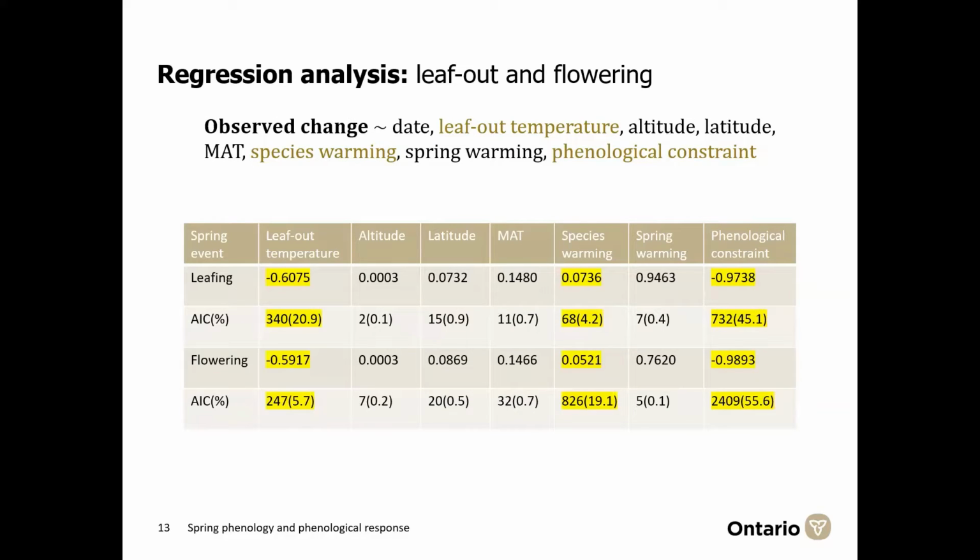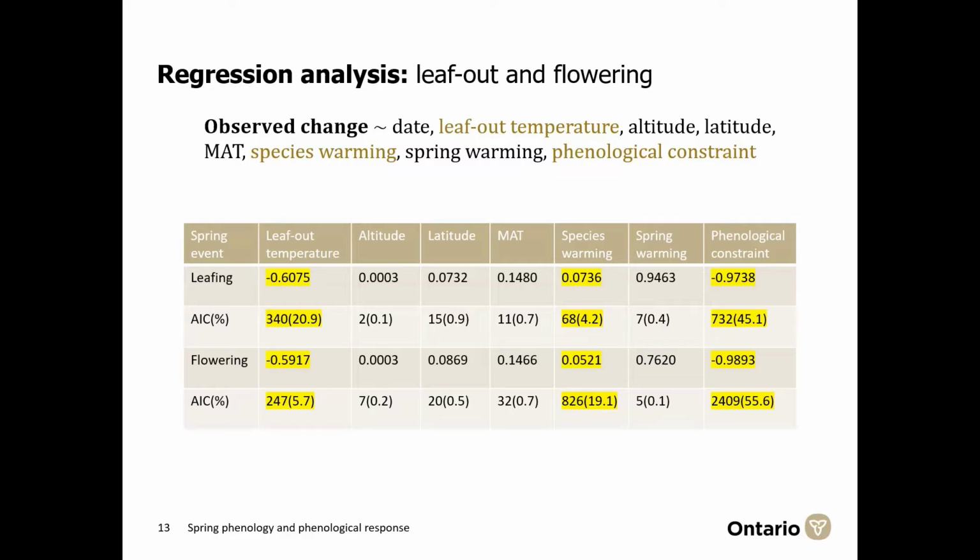So for both leafing and flowering events, leaf-out temperatures, species warming, and phenological constraint are the most important. Phenological constraint has the largest impact, but is negative, suggesting a general delay from what would be expected from change in forcing temperatures. That may include insufficient chilling, drought, or photoperiod effect.